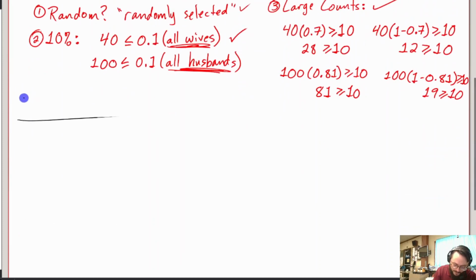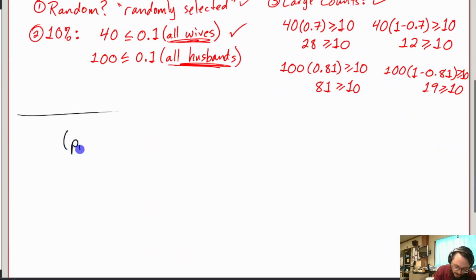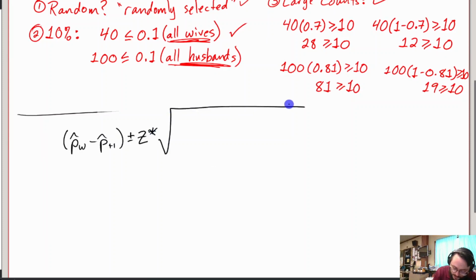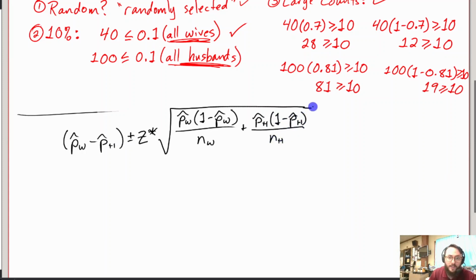We're doing wives minus husbands, so we'd have p-hat W minus p-hat H, plus or minus our critical z value, which we'll go over again, times the square root of p-hat W times 1 minus p-hat W over n W, plus p-hat H times 1 minus p-hat H over n H. Notice everything is inside of this single square root.